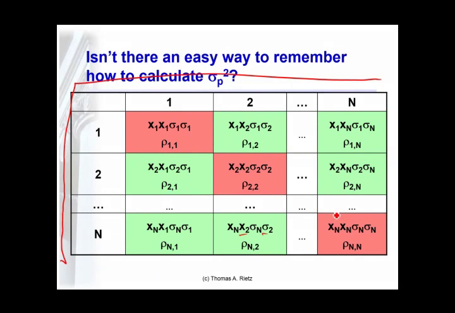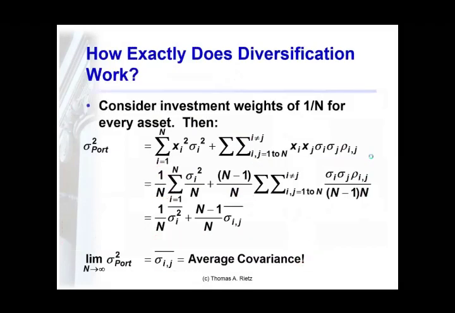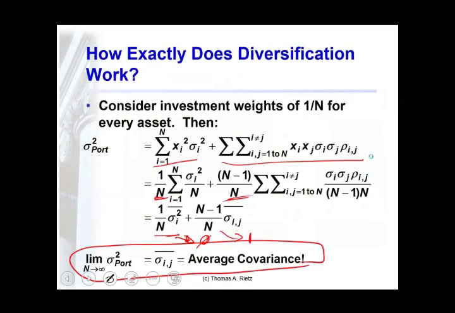So 249,500, by far and away the dominating portion of this, is in these terms that give covariances across the investments. What that means is the driving force behind risk in a portfolio quickly becomes the covariance, the tendency of all of the stocks to move together at the same time.